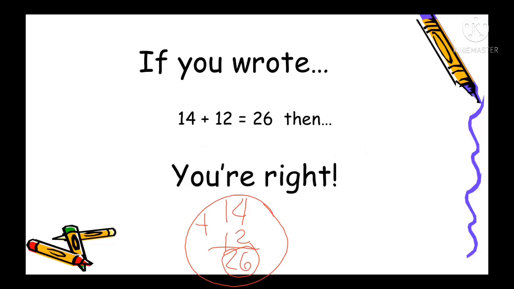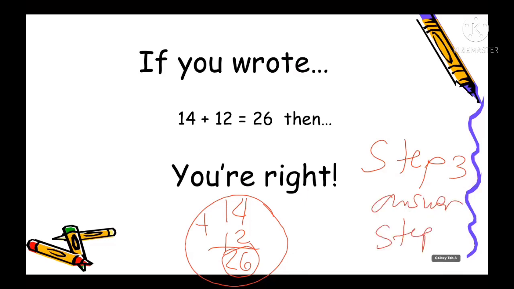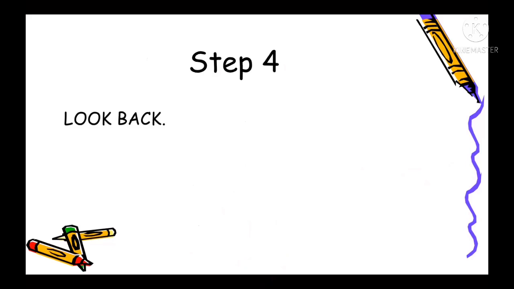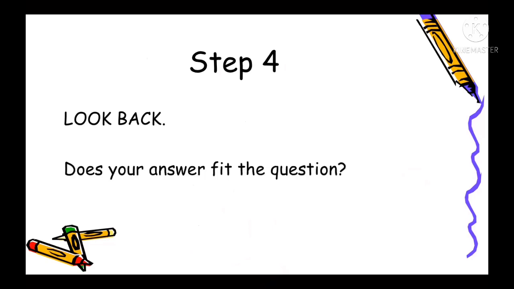So in step 3, we already know the answer, but we still have step 4. Our step 4 is to look back. Why do we need to look back? It's because we need to figure out if our answer fits the question.